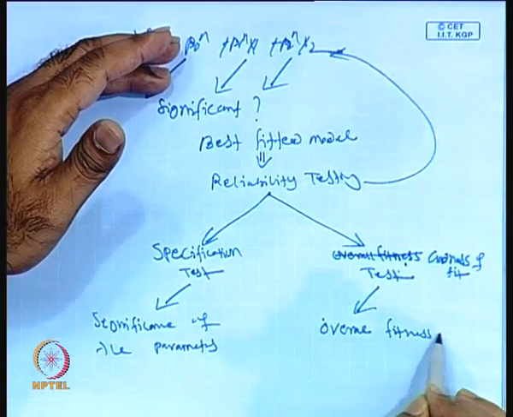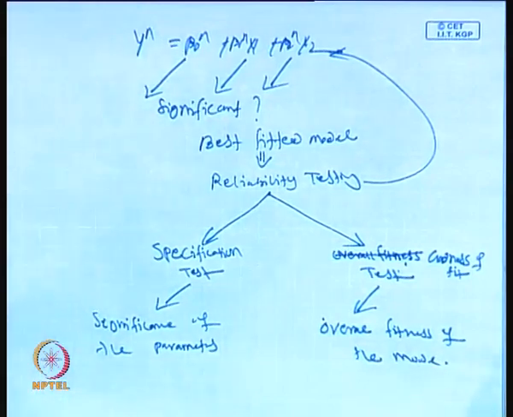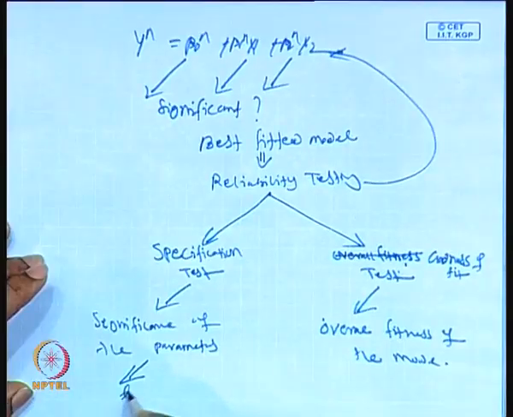This is the secondary objective of this reliability testing. As far as significance of parameters is concerned, like our bivariate setups, we have to apply t statistics, and in the case of overall fitness of the model, we have to use f statistics.